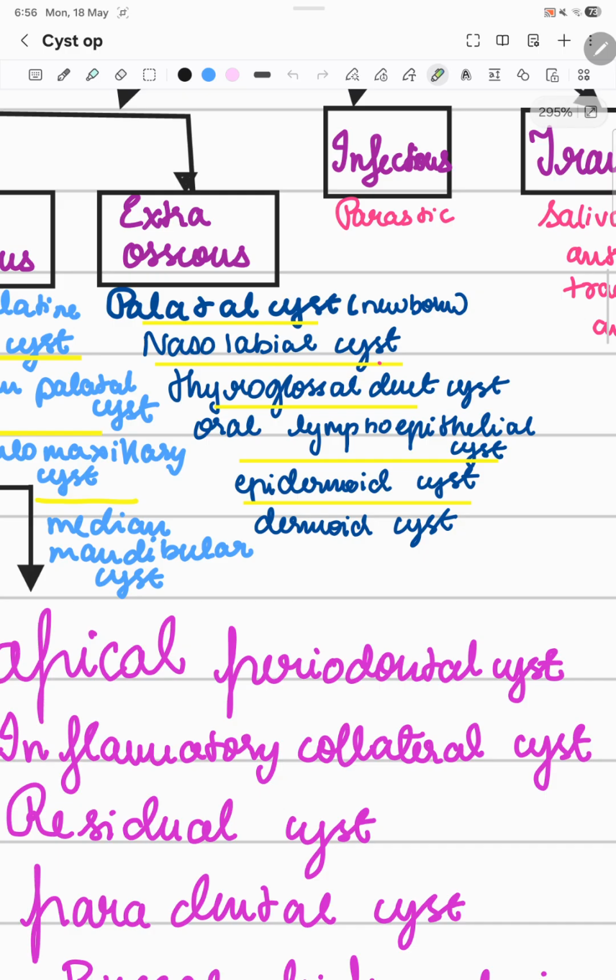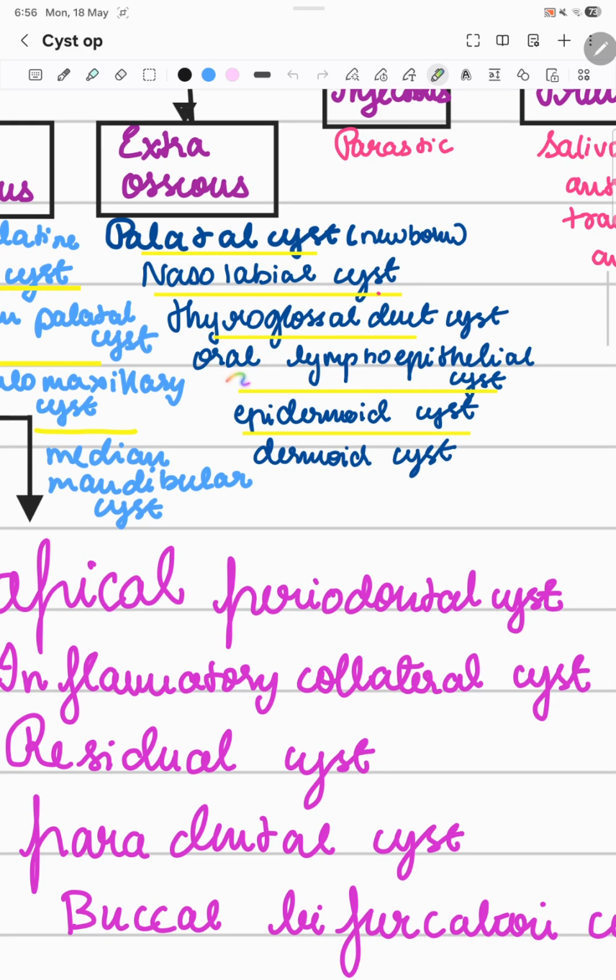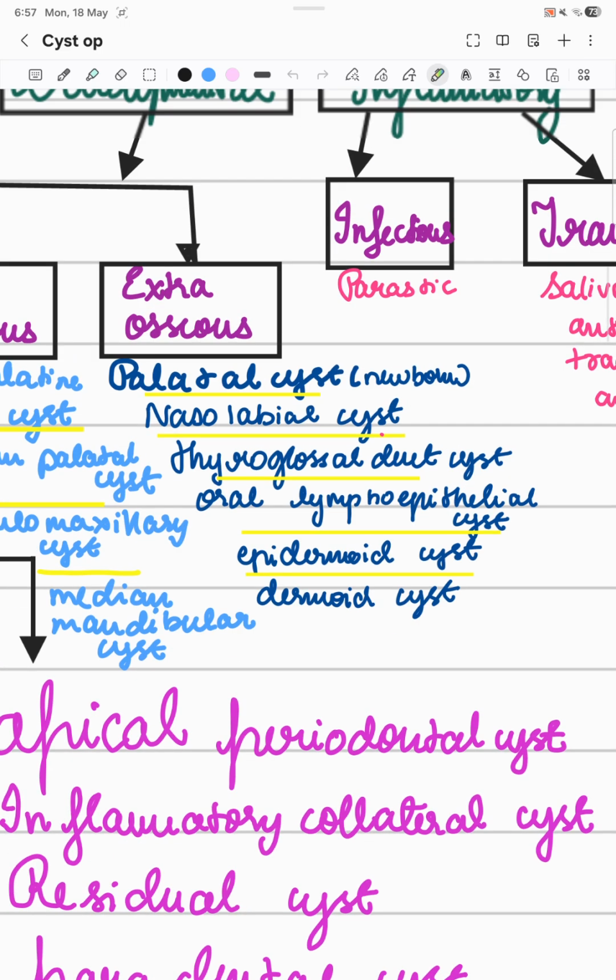So what you start is from your nasolabial, nose, okay, nasolabial cyst. Okay, then coming down you have your thyroid duct, so thyroglossal duct cyst. Okay, then coming down you have your oral lymphoepithelial cyst. Then you have your skin, that is your epidermoid and dermoid cyst. So palatal, nasolabial, thyroglossal, oral lymphoepithelial, epidermoid, and dermoid.